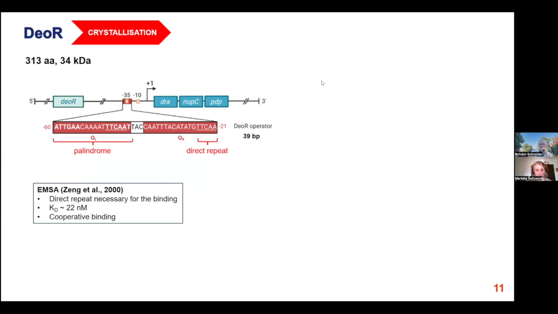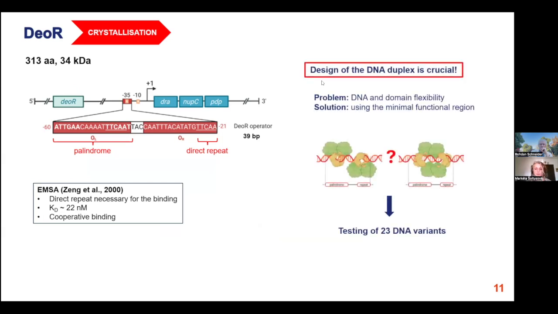When crystallizing a protein-DNA complex, we must pay great attention to the design of the DNA duplex. And usually we must try many DNA variants. This is because we deal with the problem of DNA flexibility, and in this case also with the flexibility of the domains.